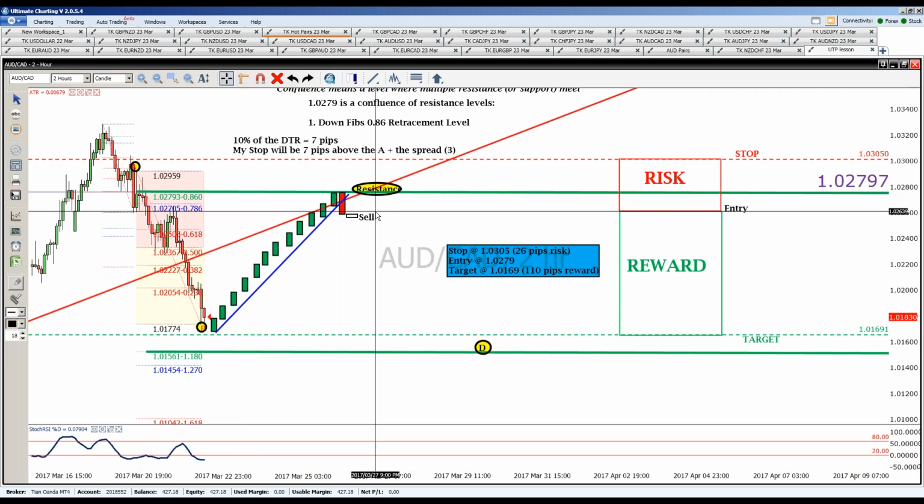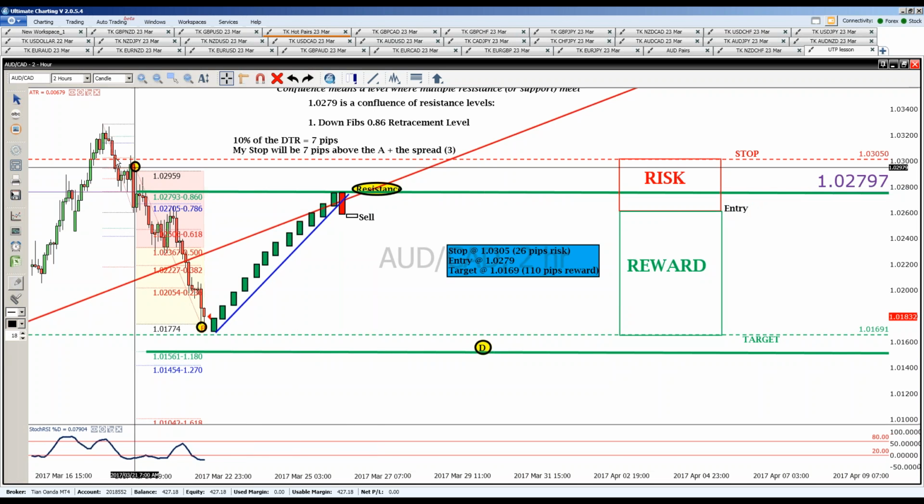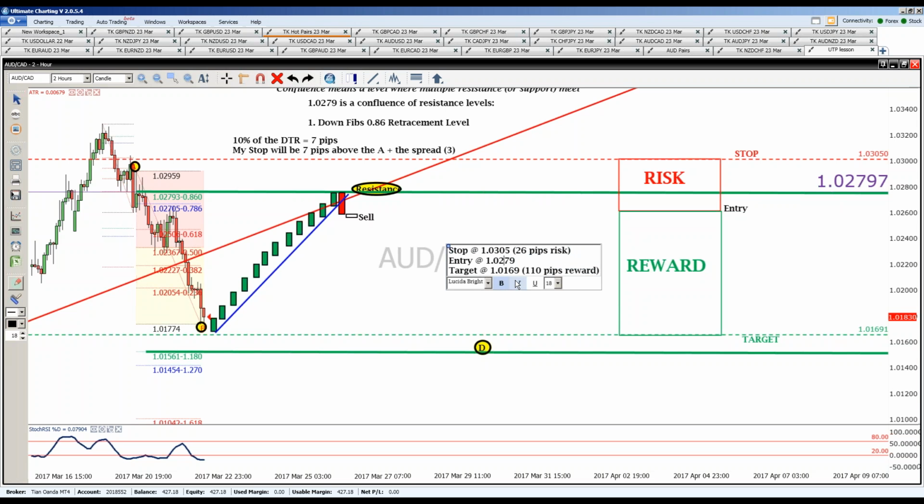And this is just hypothetical, just for illustration purposes. So that sell would be, call it 1.0265. That means I'd be going for 96 pips, and I'd be risking 40 pips.